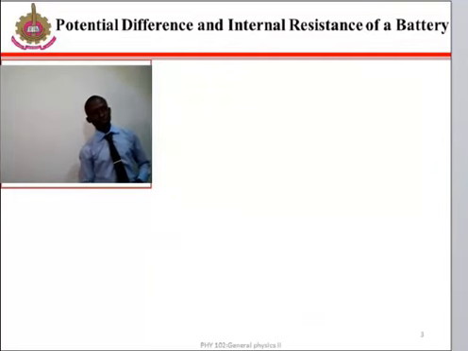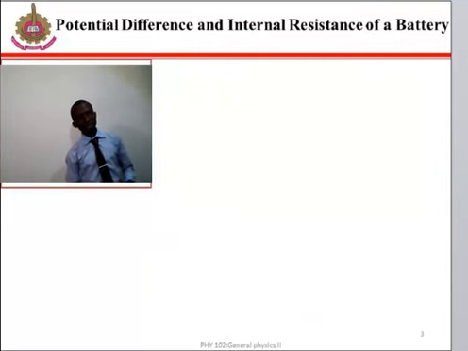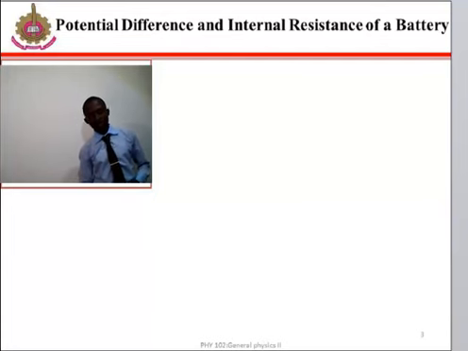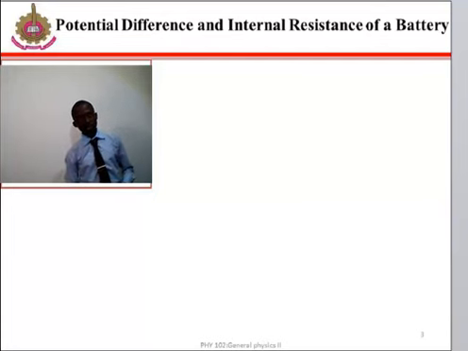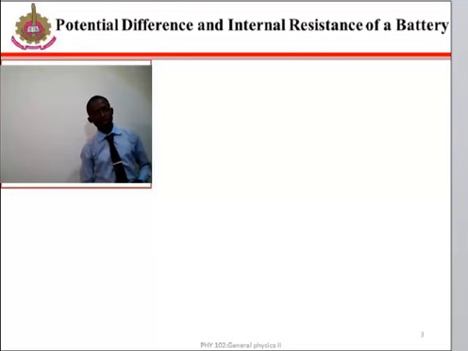When current flows around a circuit, energy is not only transformed in the external resistor, but also in the cell itself. Virtually all cells have a resistance of their own called the internal resistance.